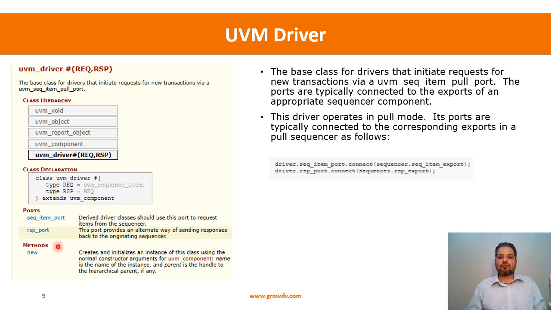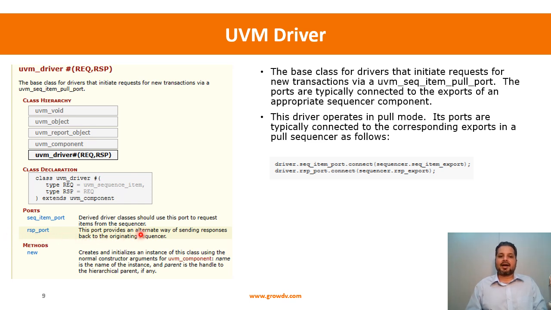The new things, if you notice over here, are these two new ports that we looked at when we talked about the sequence item, sequence, and sequencer and driver deep dive. So we have the sequence item port, which derived driver classes should use to request items from the sequencer, and then we have a response port, rsp_port. This also we had looked at.